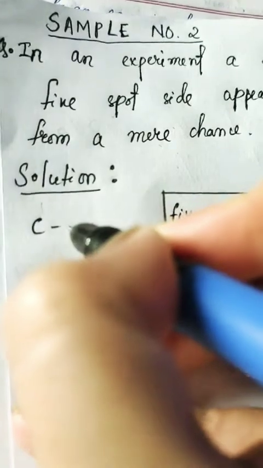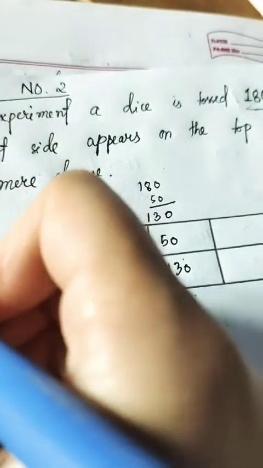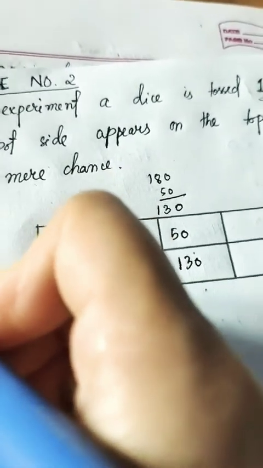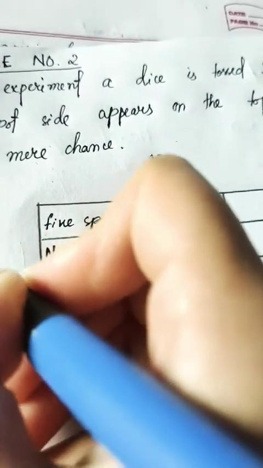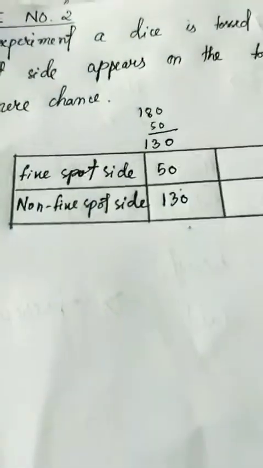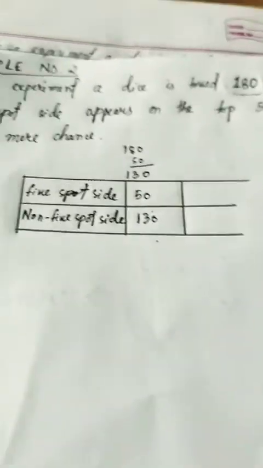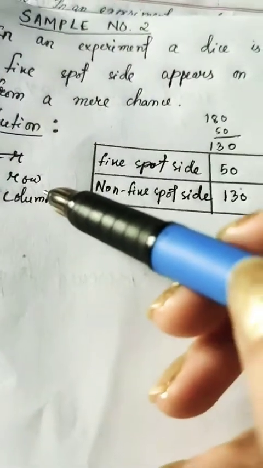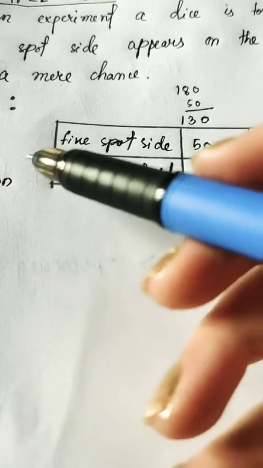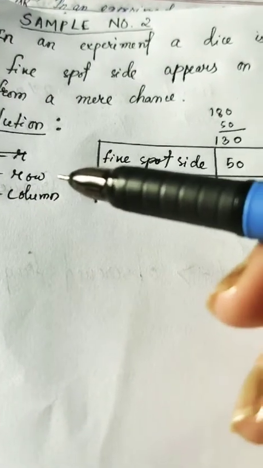Just for a reminder, write it down on the side: 2 rows and 2 columns. When you answer, you don't have to write it this way, but this is just for your understanding. Later it will be important in finding the degree of freedom.